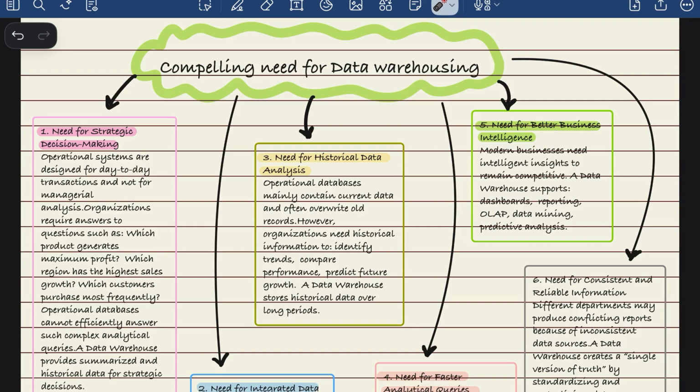Okay, the 6th point is very simple: we need consistent and reliable information. Have you ever seen a corporate meeting where the sales head says revenue is 5 crores, but the finance head says it's 4.5 crores? So what happens? They are looking at different messy data sheets, that is why there is inconsistency.